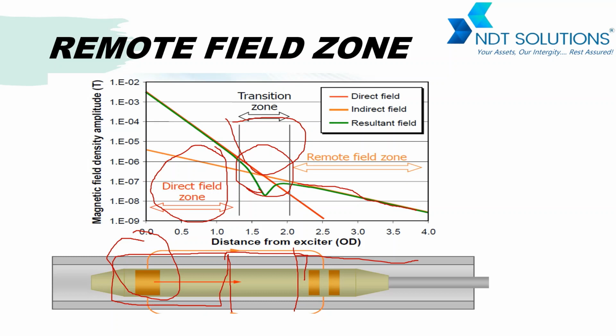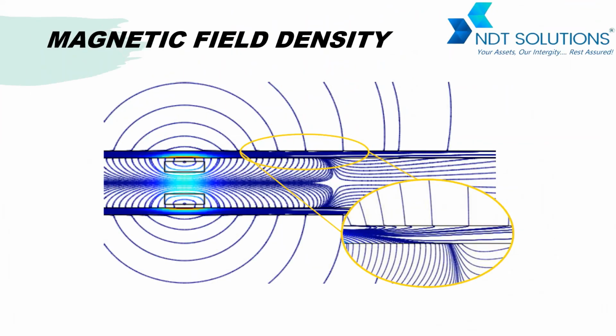It's a finite element method where we can see the behavior of the electromagnetic field in the tube. This is our tube, here is our exciter, and all these are the magnetic field. Till here is our exciter, and till here is our direct zone, where the density of the electromagnetic field is too high.